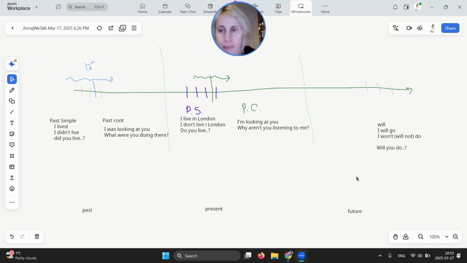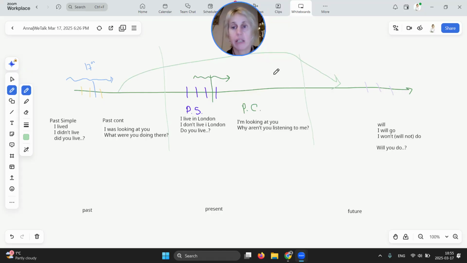The other form for future is going to. The difference here is that you made the decision not at the moment, but you made the decision in the past. For example, yesterday you bought the tickets for Panama or for Australia, and it means that you are going to go to Australia next month.